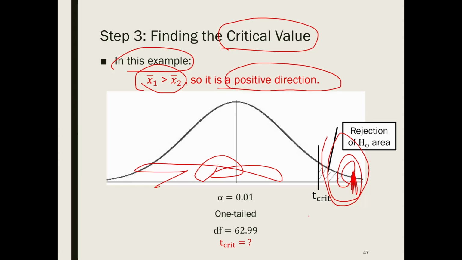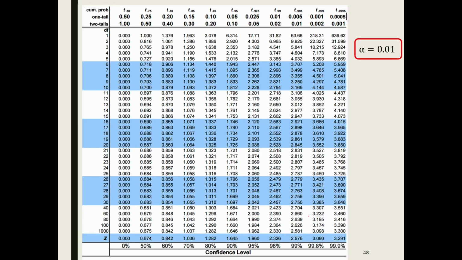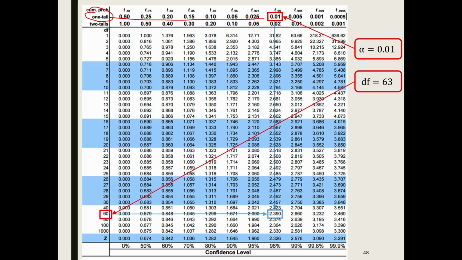Okay, so what is the critical value? Again, we're looking for the alpha level 0.01, degree of freedom 63. Remember, we're using a one tail. Don't forget to double check the one tail here, right? Degree of freedom of 63, we pick the 60 as well. We will have the t critical at 2.390.